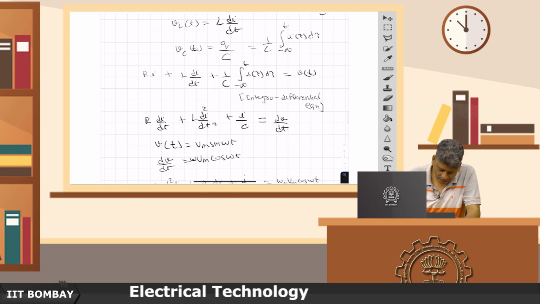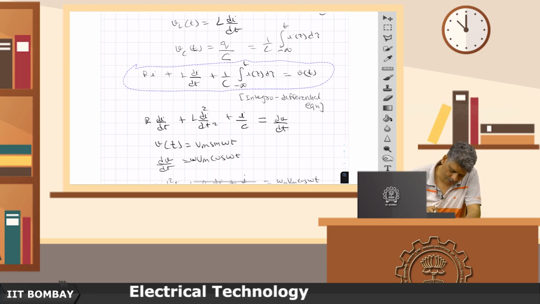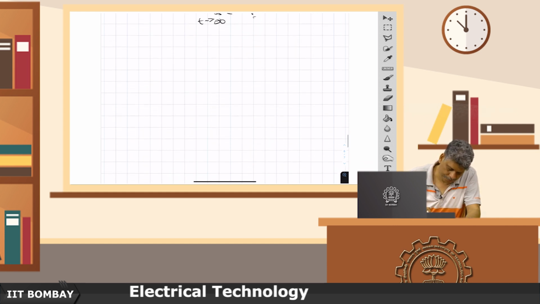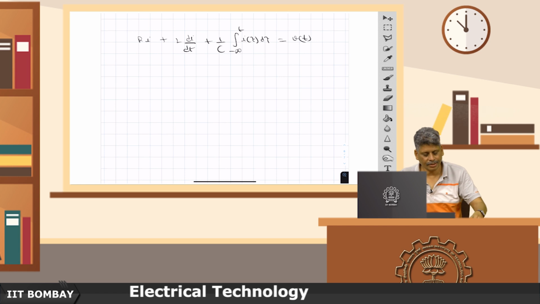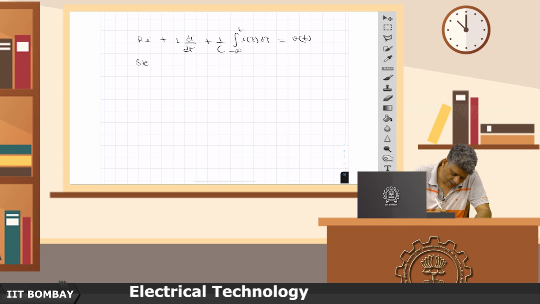Then I will come back to this integral differential equation, the starting point that we had. I will take this integral differential equation to get the steady state response of i of t.